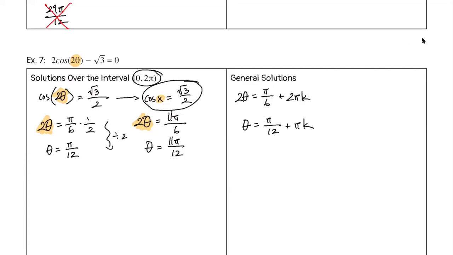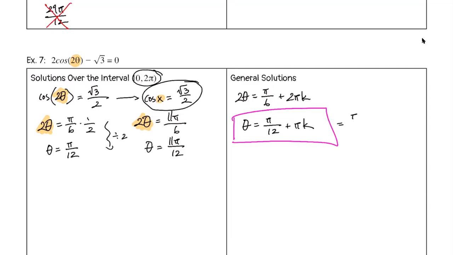All right. But if we sort of think ahead, this is totally fine to leave as an answer. You can have this as an answer for the general solution. But knowing that we have to think about adding something to the pi over 12, maybe we should prepare by finding that common denominator, right?